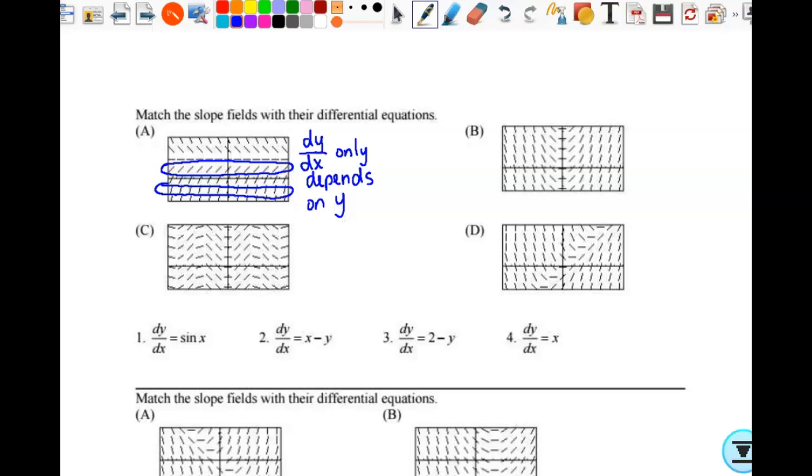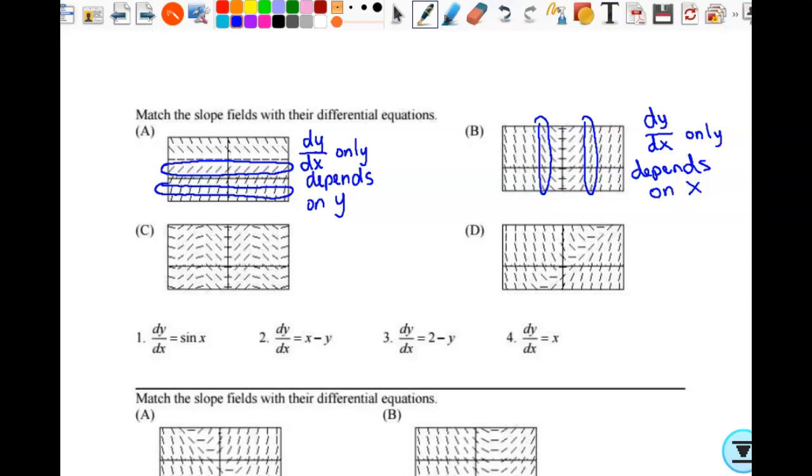Look at B. What do we notice about B? Okay, I see quadratics, nice. But I can also find any vertical line, right? So like this line x equals -2, or this line x equals 3, and all the slopes are the same. So we have a differential equation that only depends on the x coordinate.